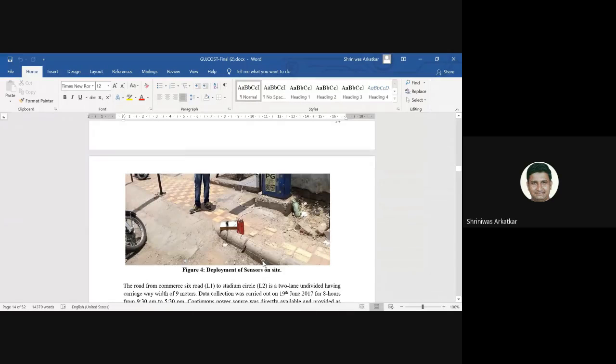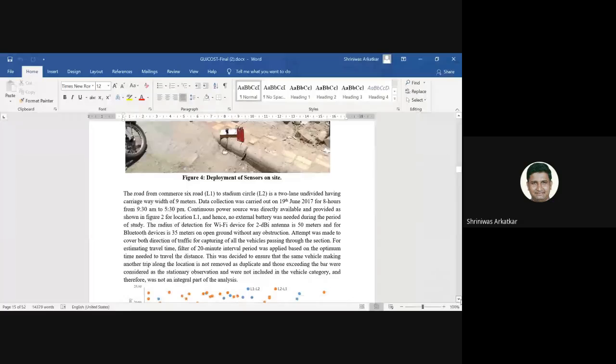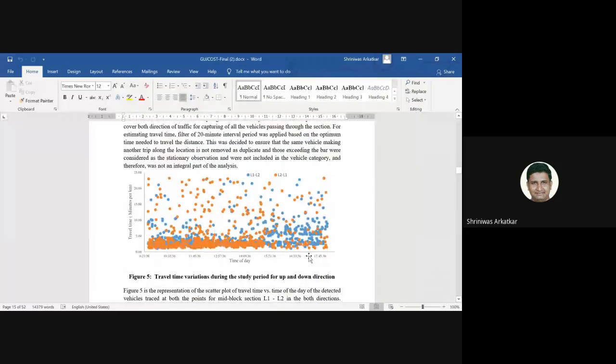I'm showing you how a particular sensor can be placed, so that we can think of going for automatic traffic characteristics by virtue of Wi-Fi sensors. This is just an idea, and we have shown what kind of data is used.